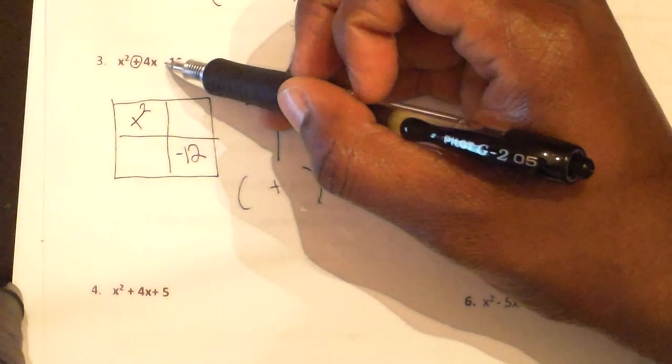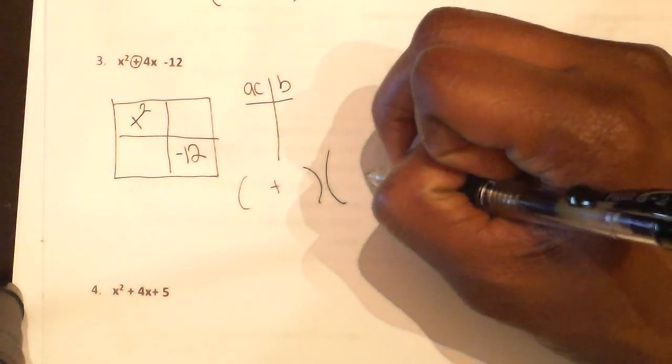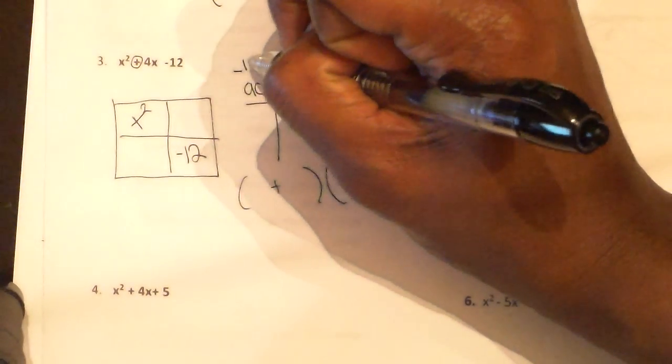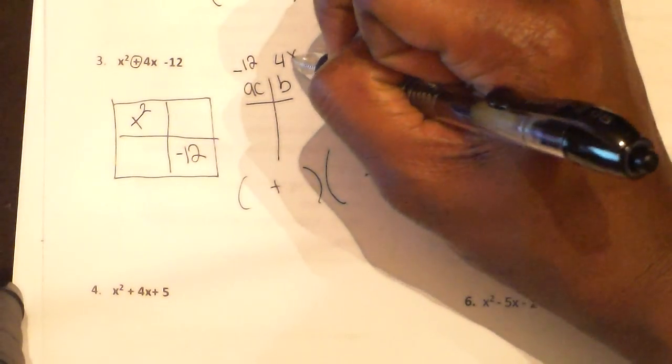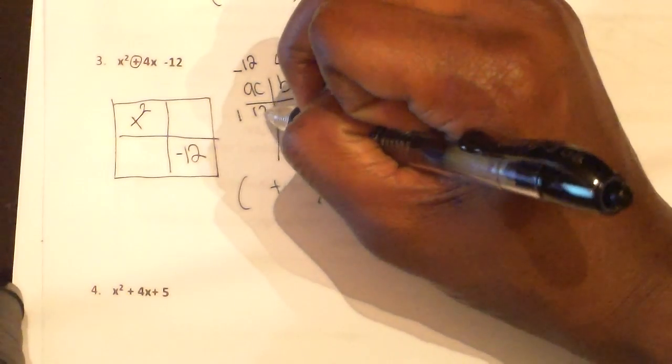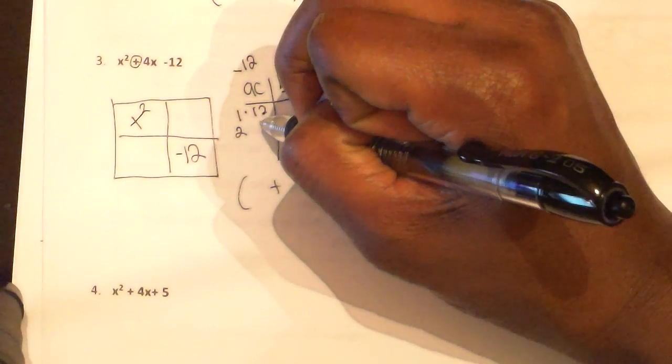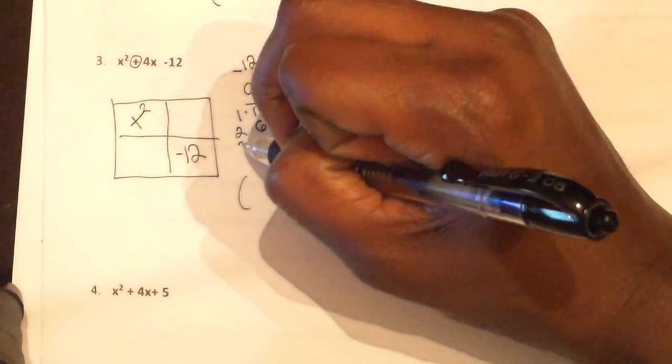A positive times a negative, that means the second parenthesis is going to be a negative. My A times C, that's going to be negative 12. Middle term is 4x. So my factors are 1 and 12, 2 and 6, 3 and 4.